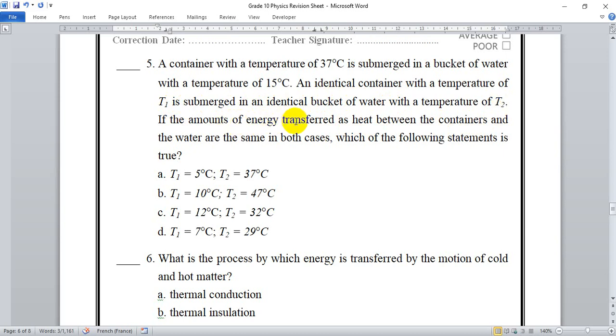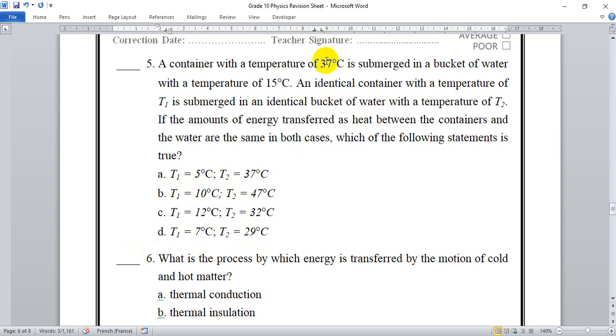If the amount of energy transferred as heat between the containers and the water is the same in both cases, which of the following statements is true? T1 equals 5 and T2 equals 37, T1 equals 10 and T2 equals 47, T1 equals 12 and T2 equals 32, T1 equals 7 and T2 equals 29. Which choice is the correct one?